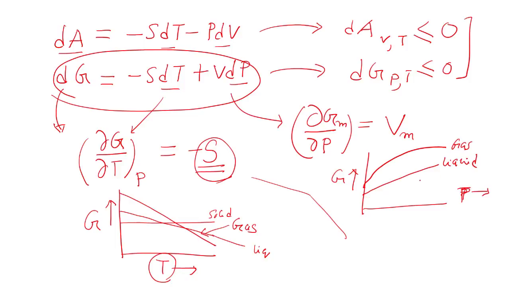For solid, the curve will be more or less flat because the change is very minimal, because the molar volume of a solid doesn't change too much if I apply pressure. Now, you can easily figure out from these equations that we can get a feeling of how Gibbs free energy is changing with respect to pressure and temperature.